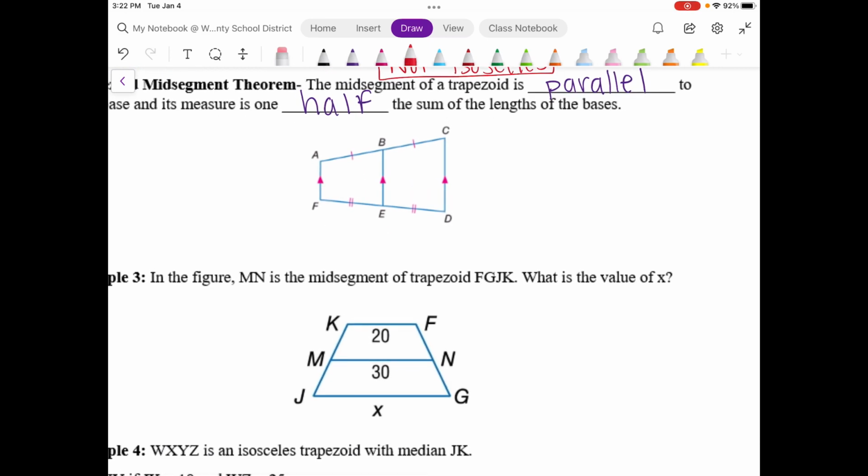So if I asked you to find BE, you would actually take half the sum of the two other ones, AF plus CD. So you would add up the two ends, add them up, divide them by 2, and that's going to give you that middle part, that BE.